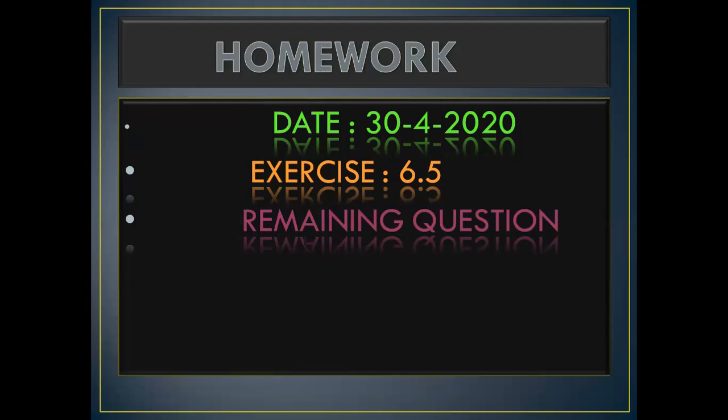Now the remaining questions you will do by yourself and try them. If you have any problem, you can ask me, and I hope that you have no problem, inshallah. And you will see in the next exercise, we have both the formulas of 6.4 and 6.5. We apply these two formulas in one exercise in one question.